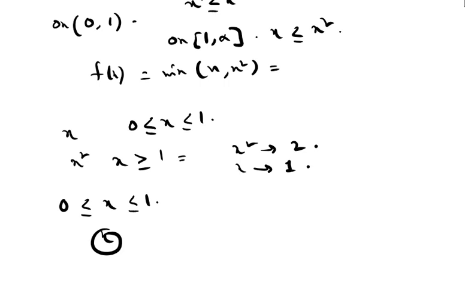Therefore, it cannot be written as a maximum of finitely many polynomials. So the function f(x) equal to minimum of x, x square is not a max poly, because it is formed by taking the minimum of two polynomials. It switches in a way that violates the structural behavior of the maximum of polynomial functions, and the slope decreases at the switching point, which is impossible for a maximum construction.